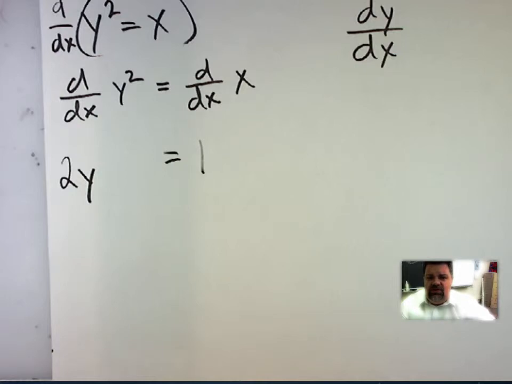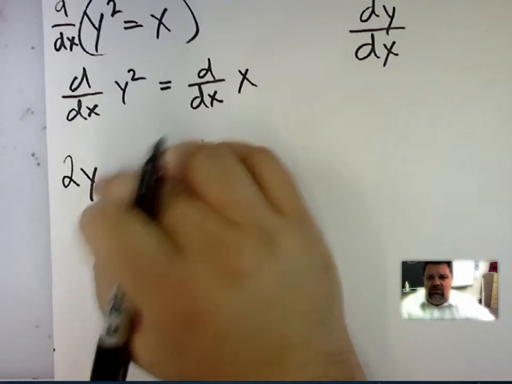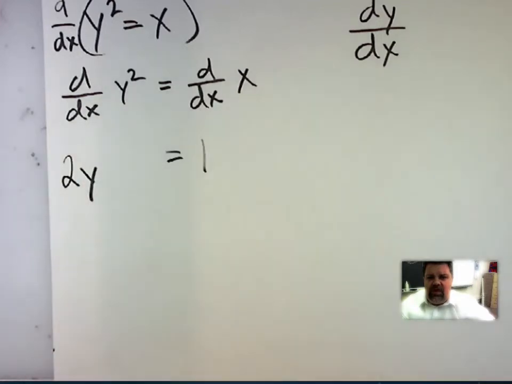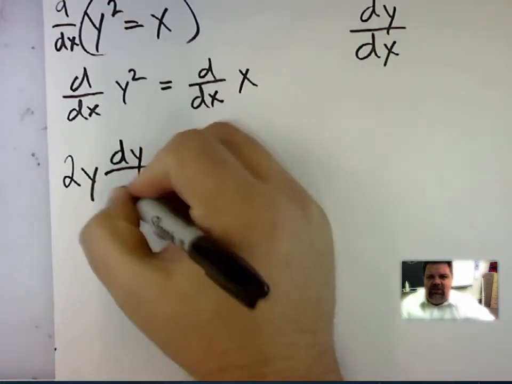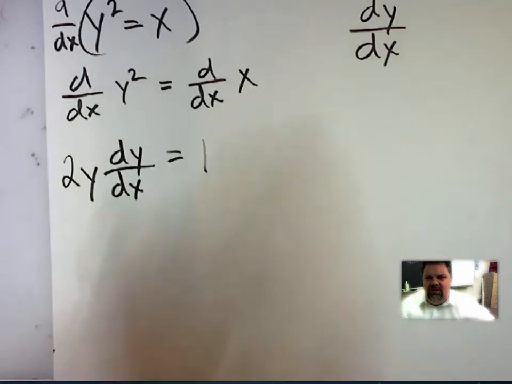So the 2 comes out to the front, and I'm going to subtract 1 from the power of 2. So the derivative of y squared is actually 2y, but the 2y is the derivative of y with respect to x. Okay? So now I'm solving for dy dx.